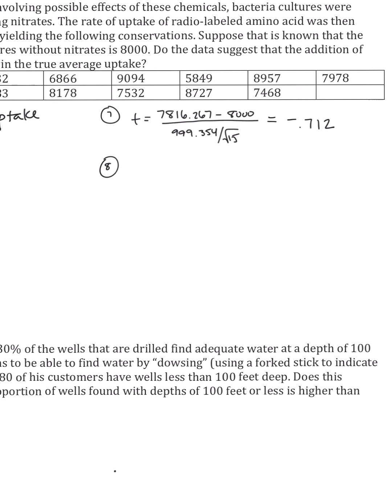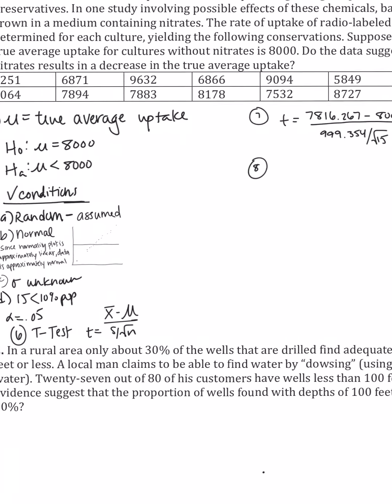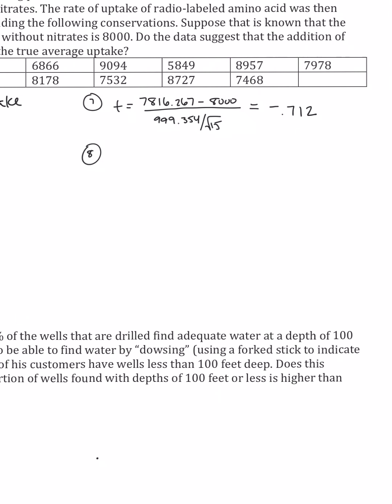Let's write this probability statement. Remember, steps 3 and steps 8 should match. So I'm looking at the probability of a t-value being less than negative 0.712. And we can use tcdf. Less than means a lower bound of something large and negative, negative 0.712, and our degrees of freedom are 14.